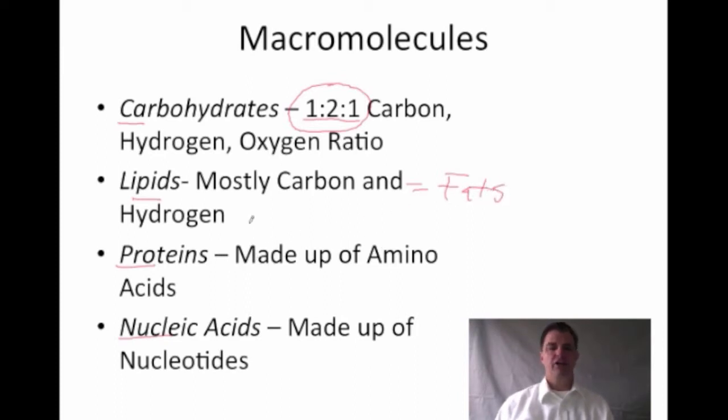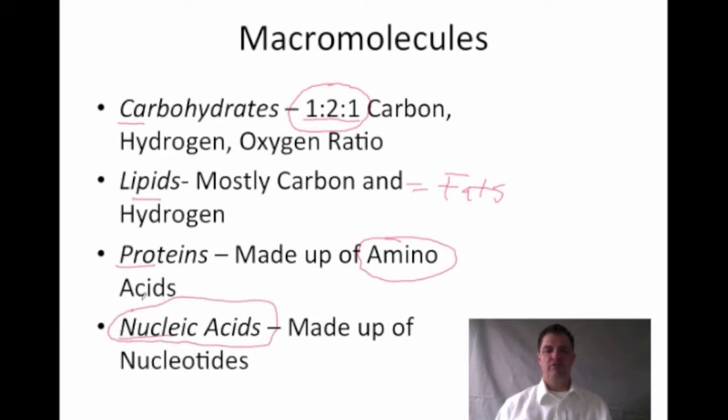Proteins, you know what proteins are. We'll go into more detail on those today as well as in upcoming weeks. Proteins are made up of smaller subunits called amino acids, so we'll talk about what makes an amino acid an amino acid. And then our last group, we really won't talk too much about right now.